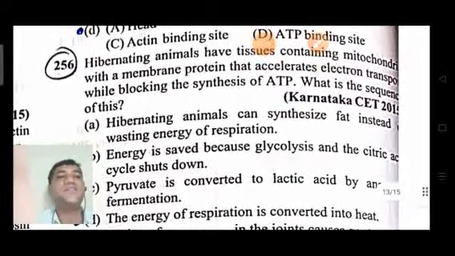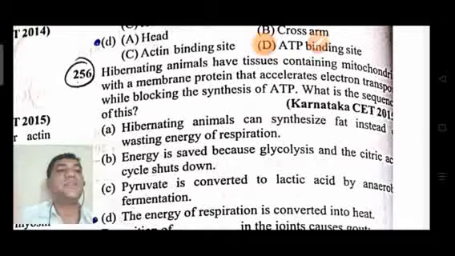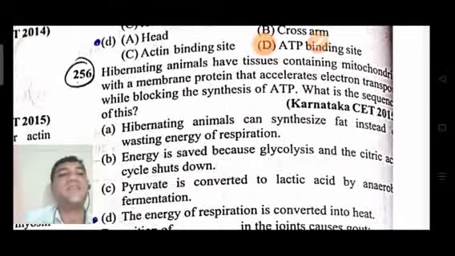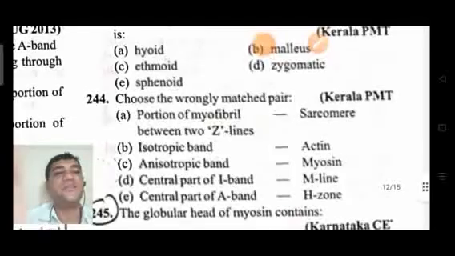Hibernating animals means sleeping animals, like frogs, which have tissues containing mitochondria with a membrane protein that accelerates electron transport while blocking the synthesis of ATP. What is the consequence of this? The options: hibernating animals synthesize fat instead, wasting energy of respiration; energy is saved because glycolysis and the citric acid cycle shut down; pyruvate is converted to lactic acid by anaerobic fermentation; energy of respiration is converted into heat.